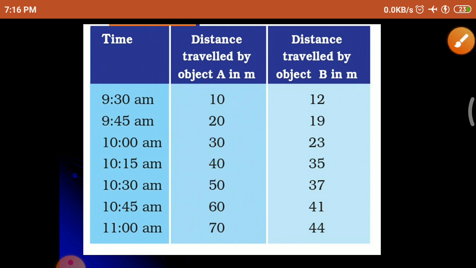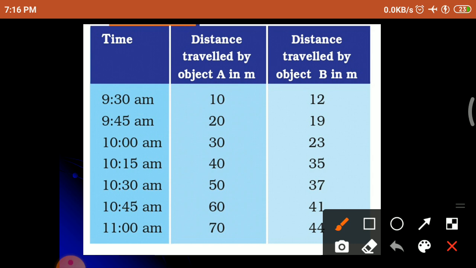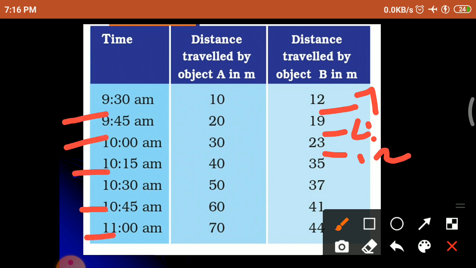Maybe the object covers unequal distance. See here, the difference is 7, here the difference is 4, here the difference is 12. But the time interval is the same. If the body covers unequal distance in equal intervals of time, then we can say that the object is in non-uniform motion.